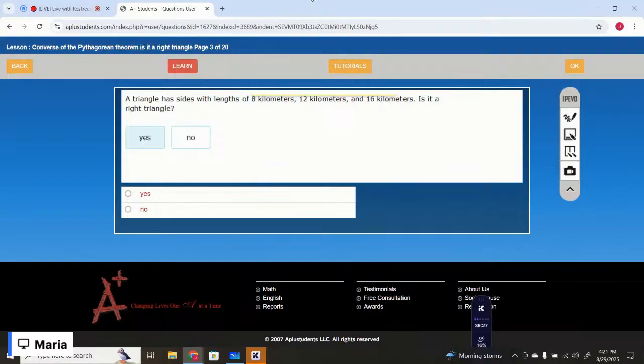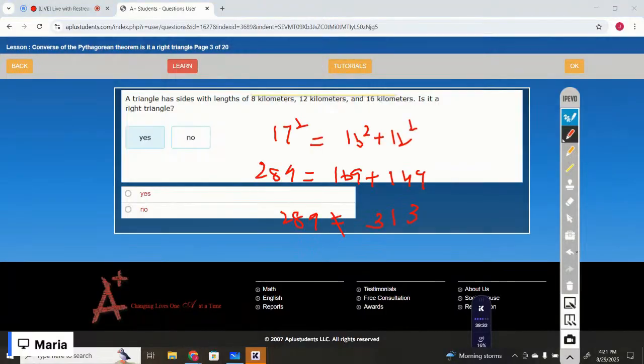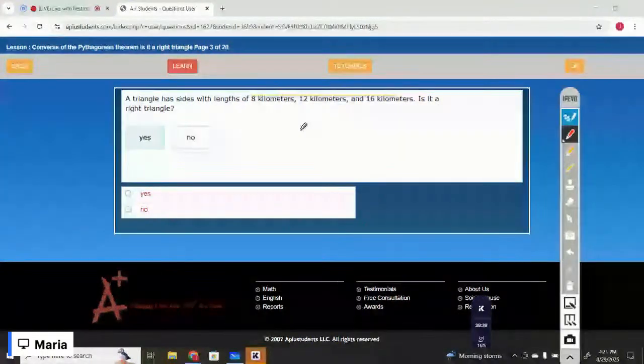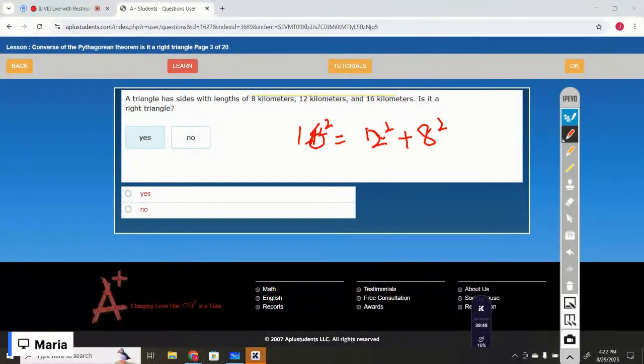A triangle has side lengths of 8 kilometers, 12 kilometers, and 16 kilometers. Is it a right triangle? That is 16 squared equals 12 squared plus 8 squared. 64 plus 144 is 208.